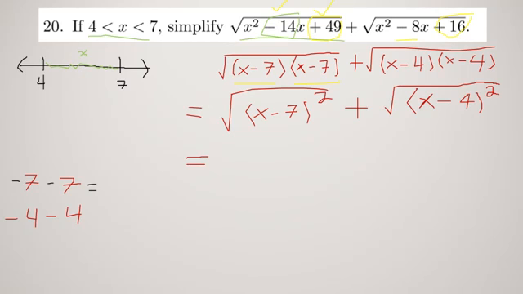Next, diba? Tingnan natin kung positive or negative yung nasa loob ng parenthesis. Una tayo dito sa second kasi mas madali. Yung x minus 4 ba, positive or negative? So, paano malalaman? Kuha tayo ng isang representative na number na between 4 at 7. So, you can use 5.